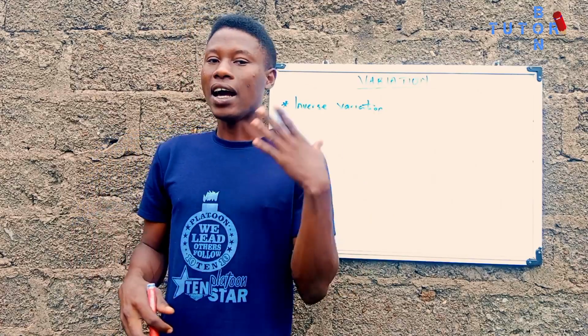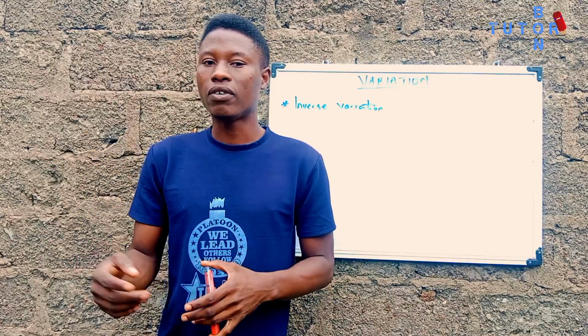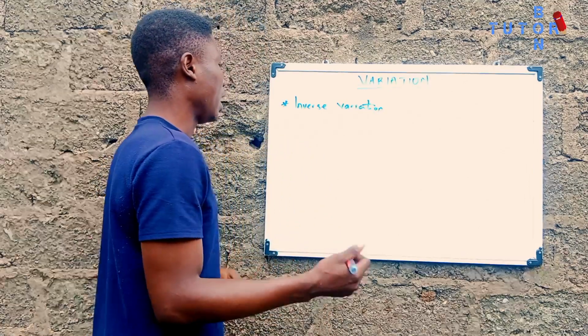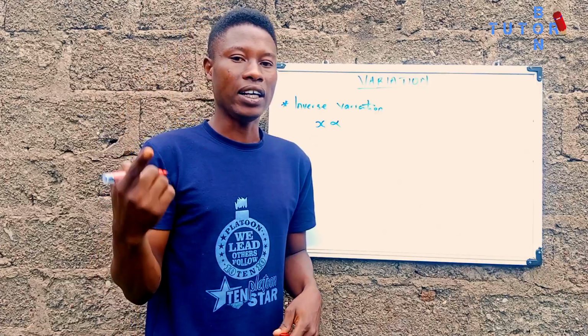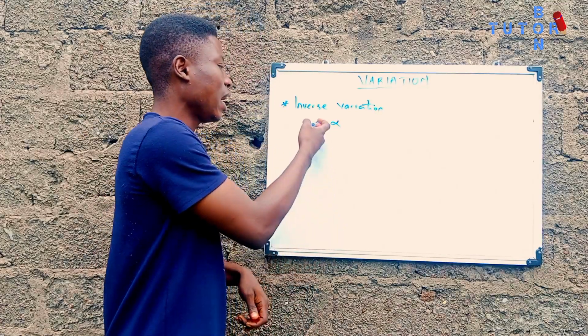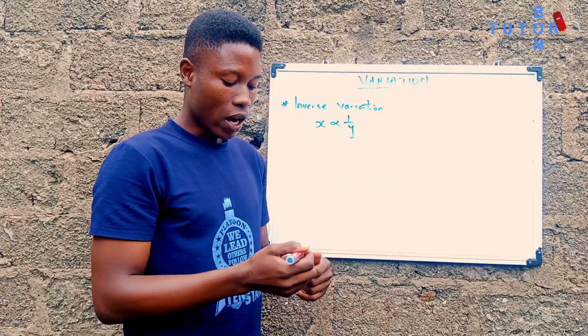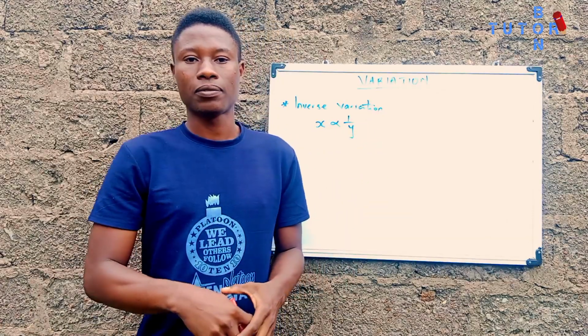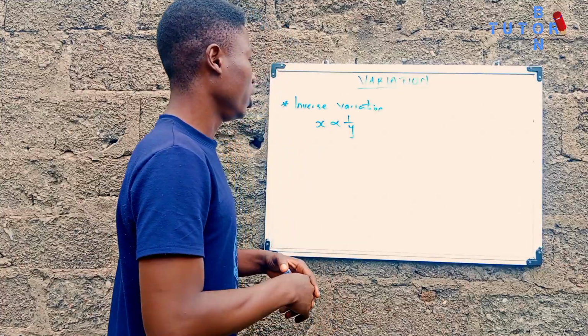But in this case, an increase in the value of x will lead to a decrease in the value of y. And when we say x varies inversely as y, it will mean that x is proportional to 1 over y, because we said inverse. It is an opposite of each other.